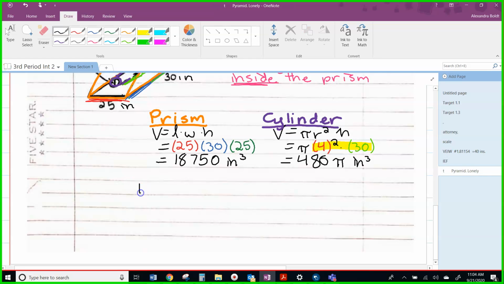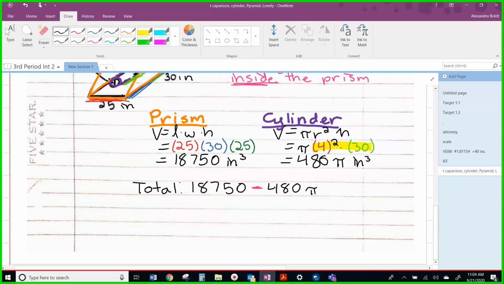So our total is I'm going to take my two shapes and subtract them. So I have 18,750 minus 480 pi.